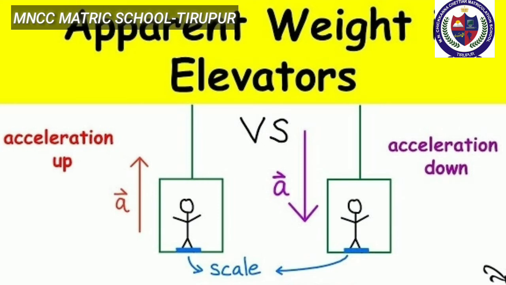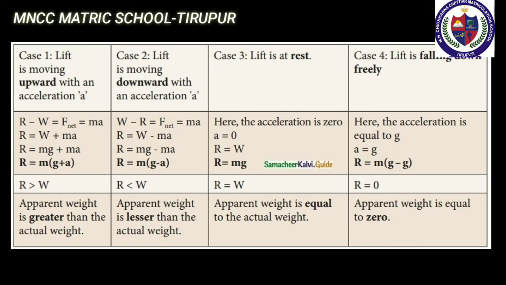The weight that you feel during up and down motion is not the same as your actual weight. Let us see the different possibilities of the apparent weight of a person, depending on the motion of the lift upwards or downwards, which are given in the tabulation. In this tabulation, R is equal to apparent weight, W means actual weight, G is the acceleration due to gravity and A is the acceleration.